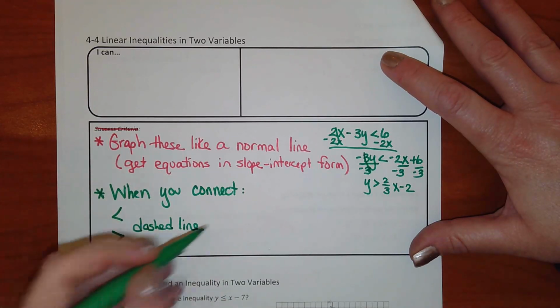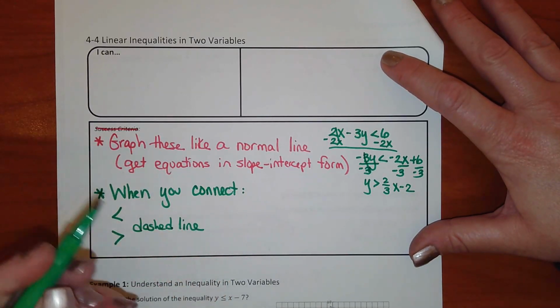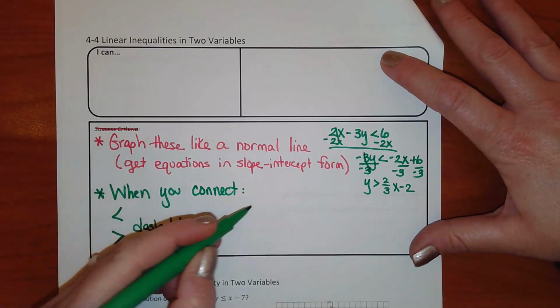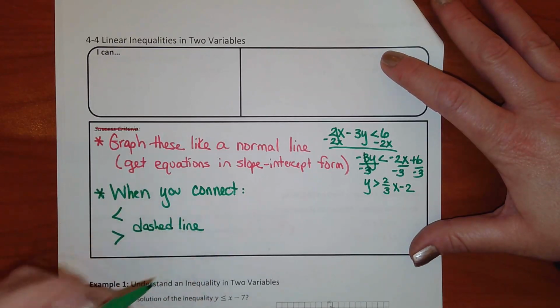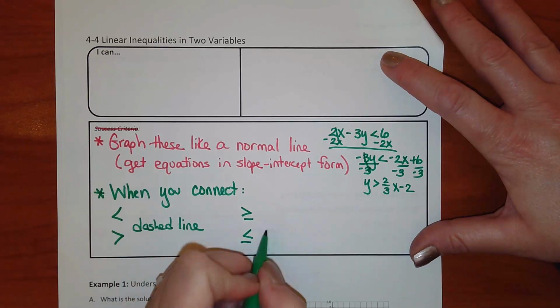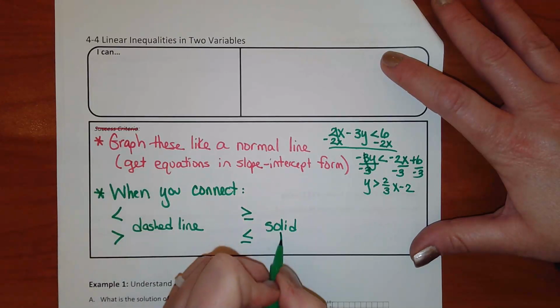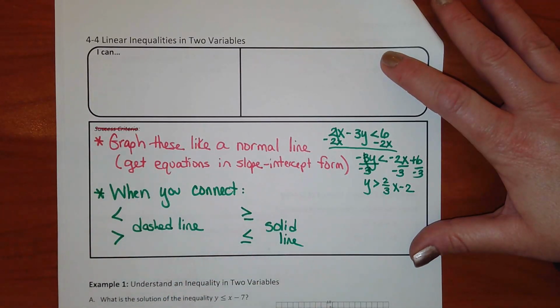So you're not going to actually draw a straight line. This is going to feel super weird at first, and a lot of you are probably going to draw a solid line and then you're going to have to erase. So make sure you use a pencil. If you have a greater than or equal to or less than or equal to, you're going to connect with a solid line. Like what we had in the previous section, you just literally draw a normal line.